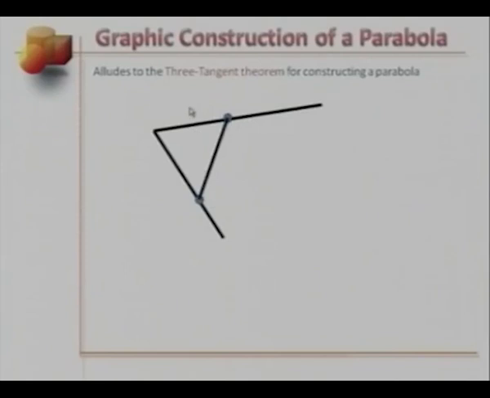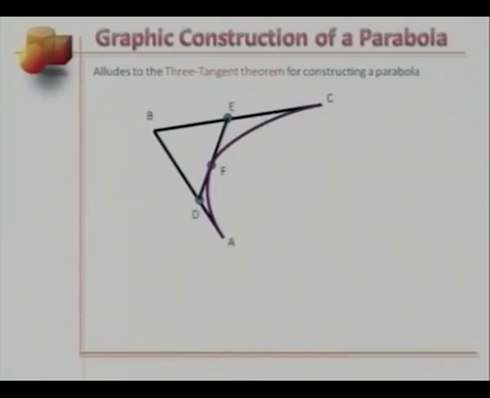We join these 2 points and we mark another point on the segment maintaining the length ratio. We have seen before that the curve joining this point, and this point is a parabola. To add further, this curve is also such that these three line segments are tangent to it.